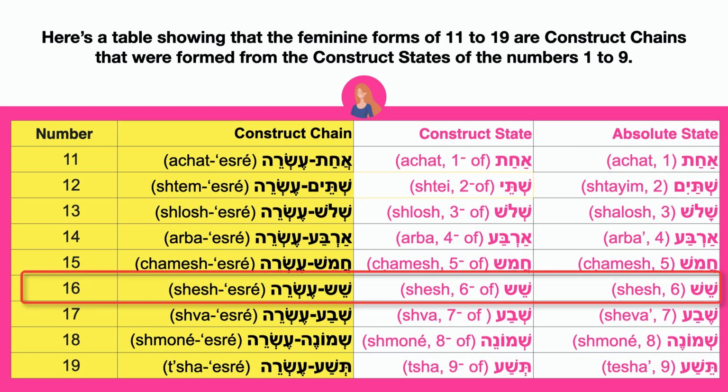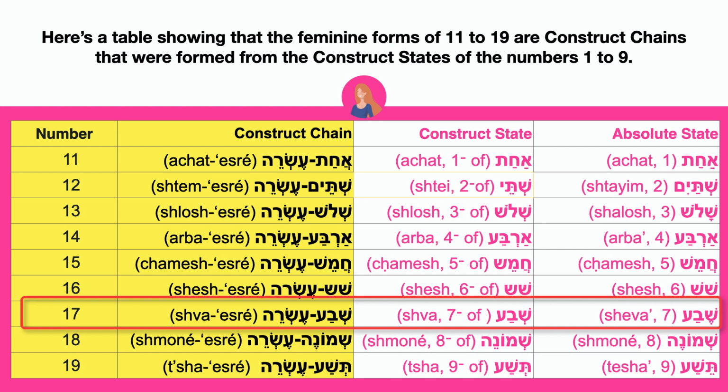16, shesh esre. Shesh is the absolute state of the number 6, and the construct state is also pronounced shesh. So shesh plus esre, that's 16. Shesh esre. 17, shva esre. Here we have a change. The absolute state of the number 7 in its feminine is sheva.